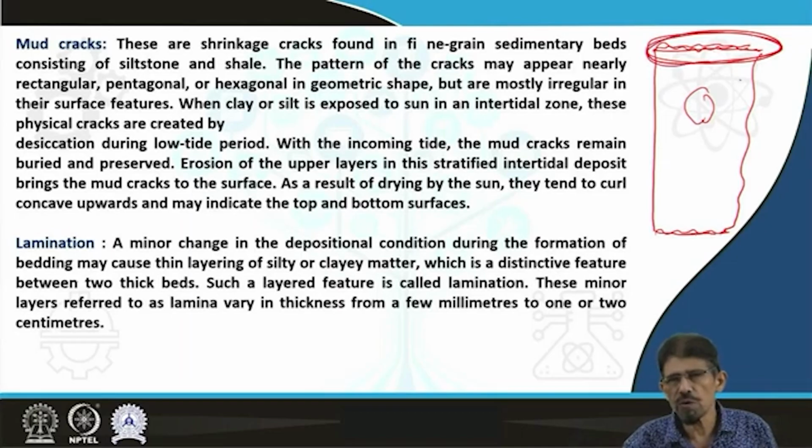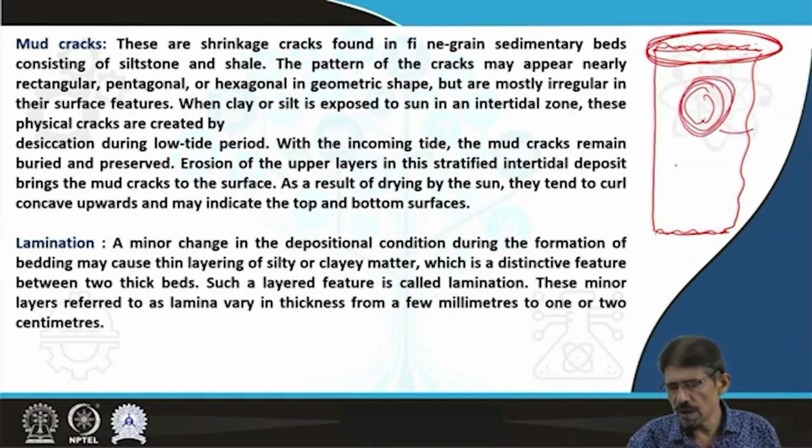Structures exposed close to the surface or nearby surface are recognized as surface structures, like ripple marks, mud cracks, etc. Those structures which are observed in the body of the sedimentary succession are recognized as body structures, like bedding, like laminations, like different types of features. And those structures located at the bottom side are recognized as sole marks.